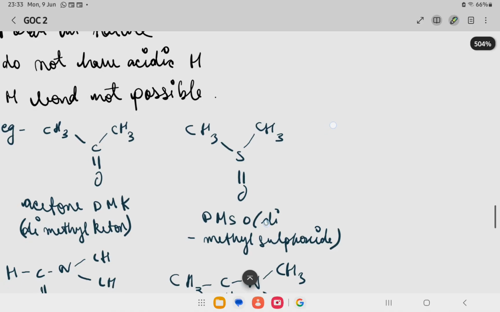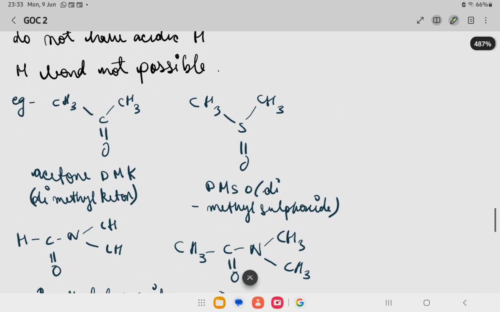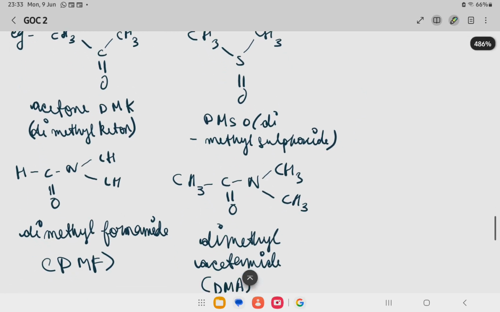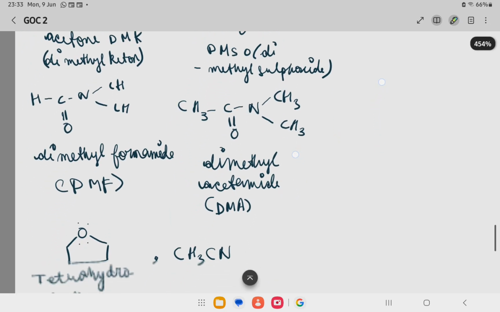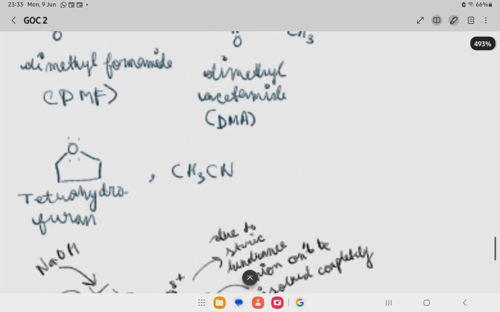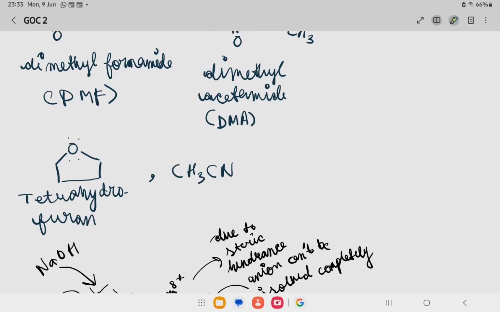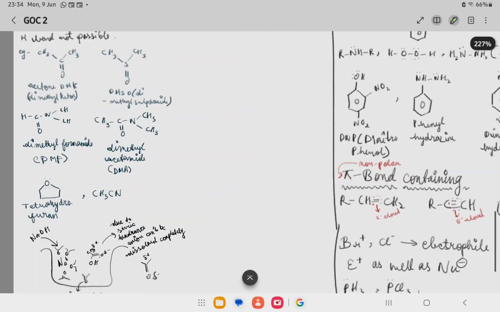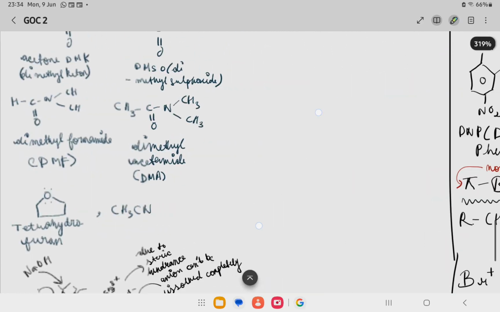Some examples of PAS are acetone or DMK, that is dimethyl ketone, DMSO, dimethyl sulfoxide, DMF, dimethylformamide, and one more, dimethyl acetamide, DMA. Two more are CH3CN and tetrahydrofuran. These are some of the examples of PAS.